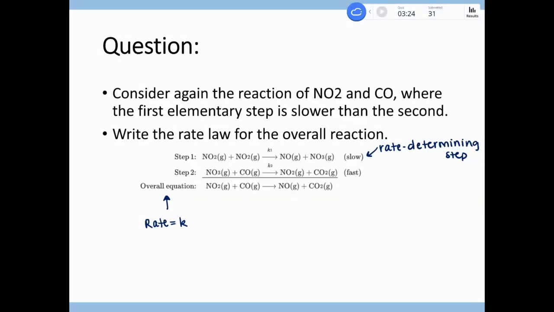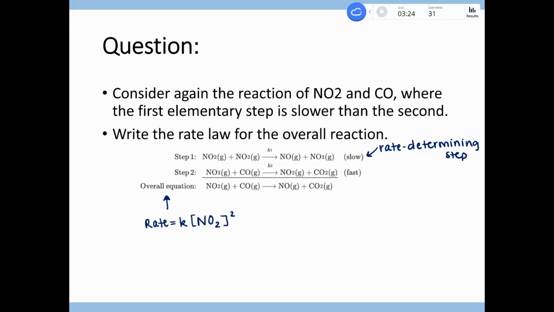A squared, is that what you said? Yeah, it is something squared, but not A, because we have more details here. NO2 squared, yes, because step 1, we have 2 NO2 molecules required for the step to occur. So the rate is dependent on the concentration of NO2. And since there are 2 required, we have NO2 squared.